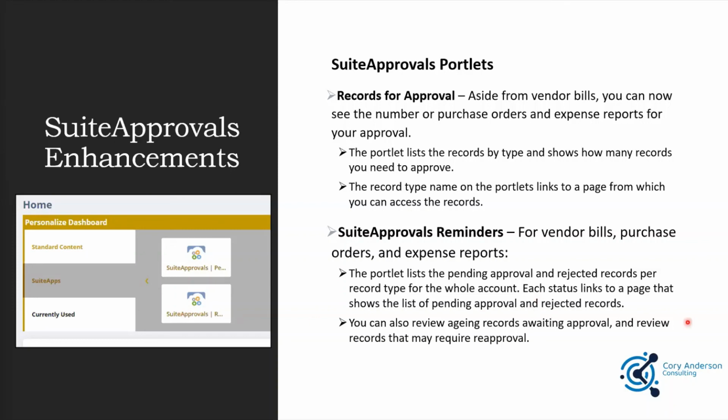There's a question I'm going to answer real quick. Does the Suite Approvals bundle allow you to configure multiple approvers per department used on the transaction, instead of the transaction creator's supervisor? I want to say yes to that question, and this question is in a direct message to me instead of to the group, but that's fine.